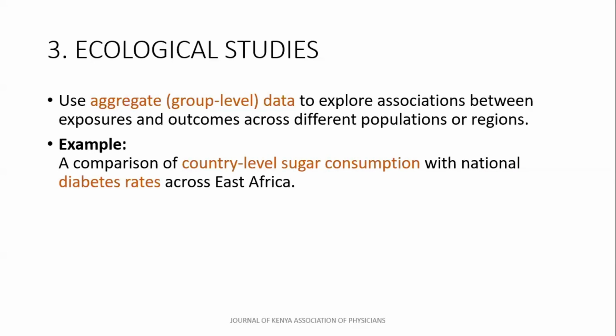However, the main limitation is something called the ecological fallacy. This means we might mistakenly assume that what's true for a group, say based on the data we got from a certain country, is also true for each person within it, which is wrong.